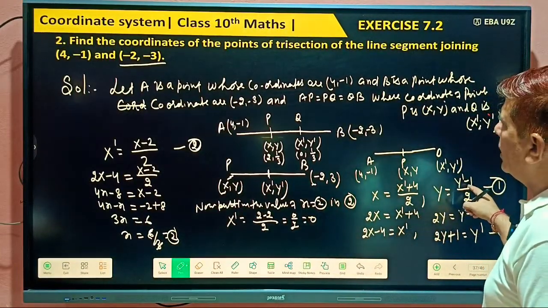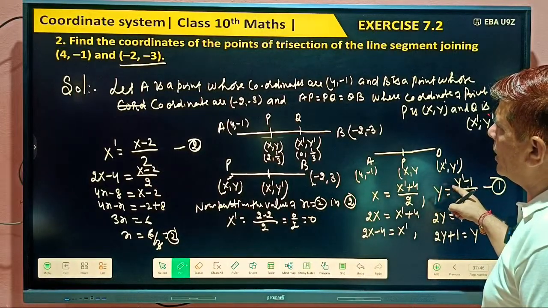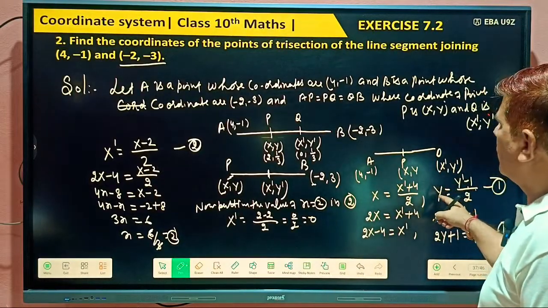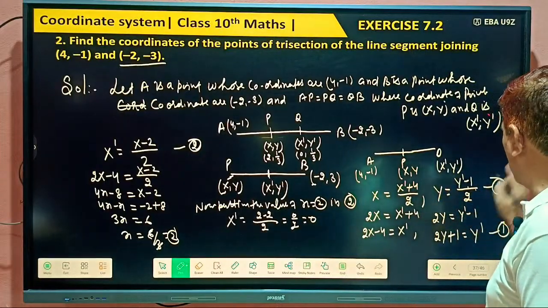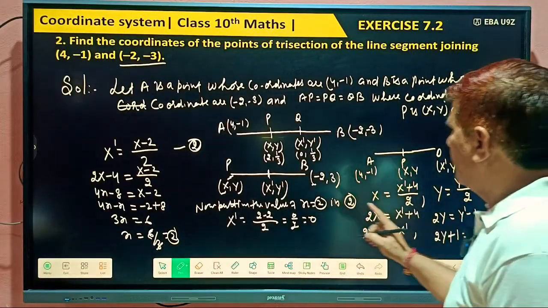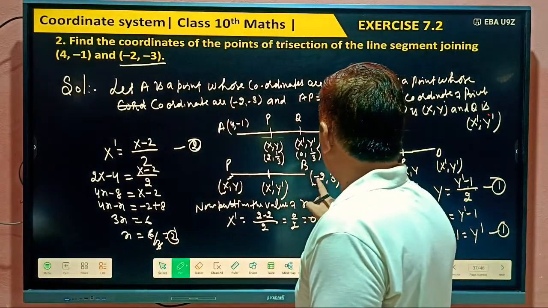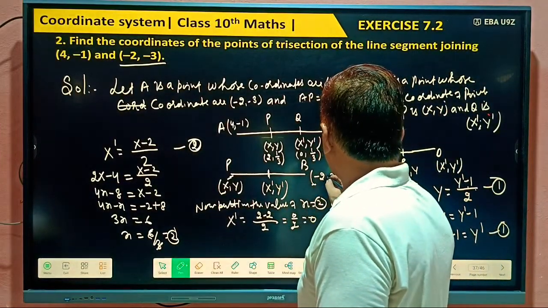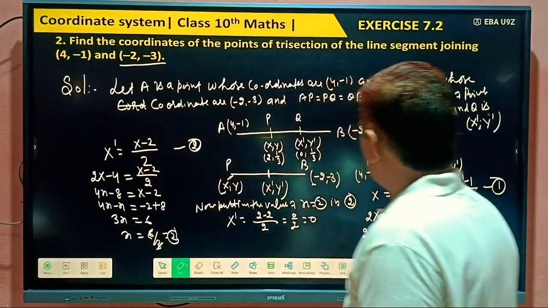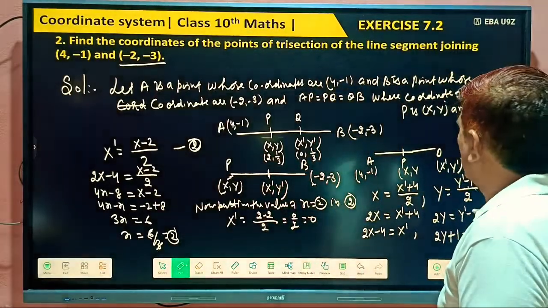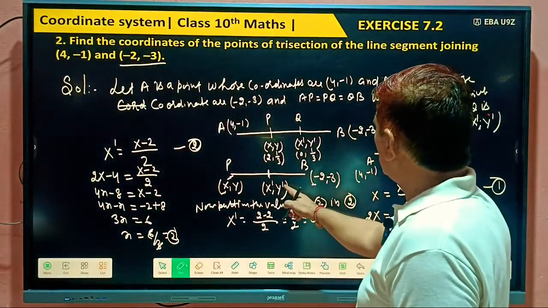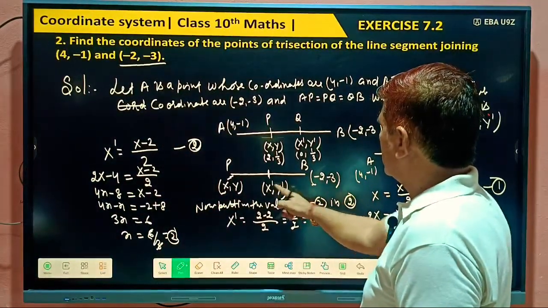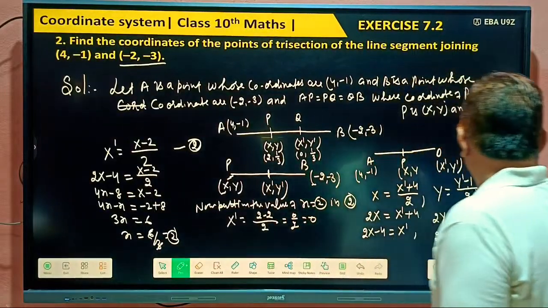Here, what has it become? Y minus 1 by 2 is this. And here it becomes 0. Here, what has it become? This is minus 3. So what can you say? Y dash, sorry, y minus 3.